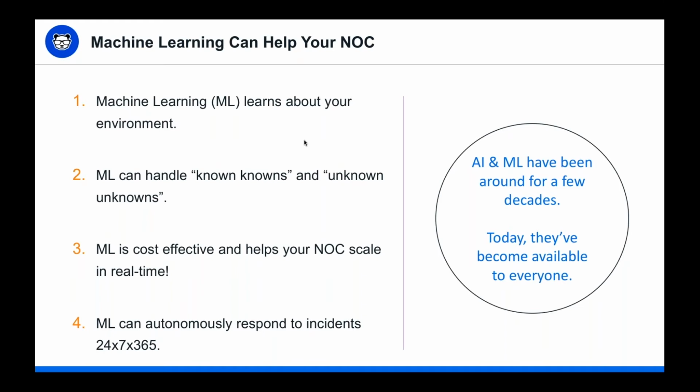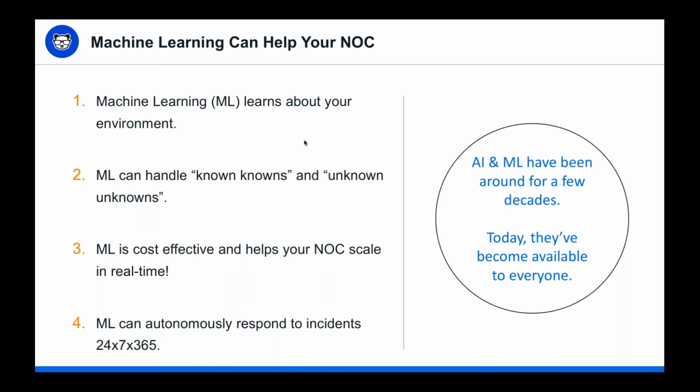So let's talk about four common ways in which it actually can tangibly make a difference. Machine learning can learn about your environment, and we mean the very noisy IT ops environment. Machine learning can handle both the so-called known knowns and the unknown unknowns in terms of incidents that the NOC has to manage, detect, prioritize, investigate, resolve, and escalate.